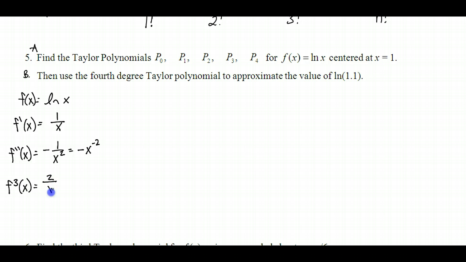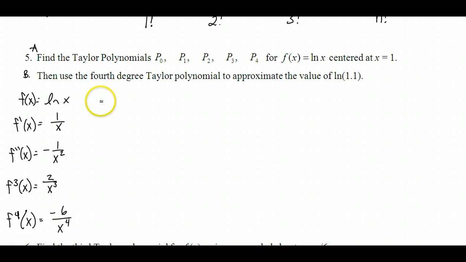So 2 divided by x cubed. And my fourth derivative, if you get stuck, don't make a foolish mistake here, it's going to be real bad from there, would be equal to negative 6 divided by x to the 4th. So write out that extra step if you need to so that you don't screw up with your derivatives. Otherwise, if you get your first derivative wrong, you're in trouble for your 4th derivative.